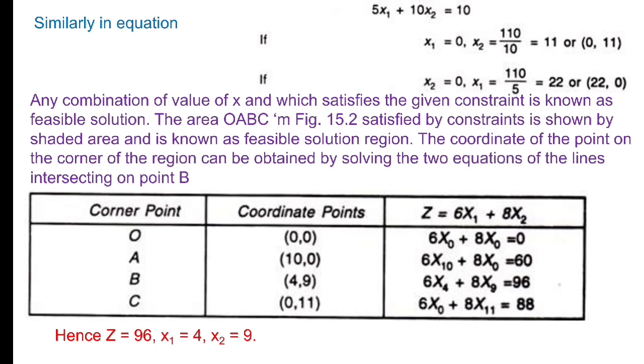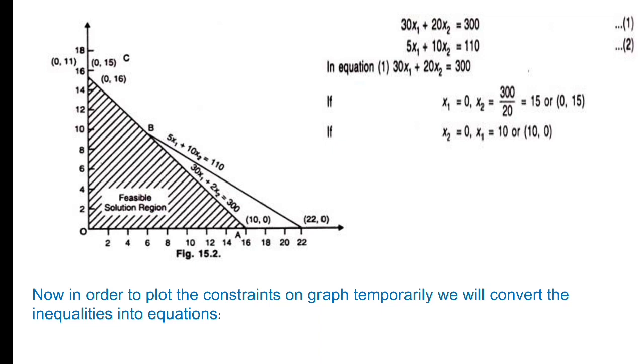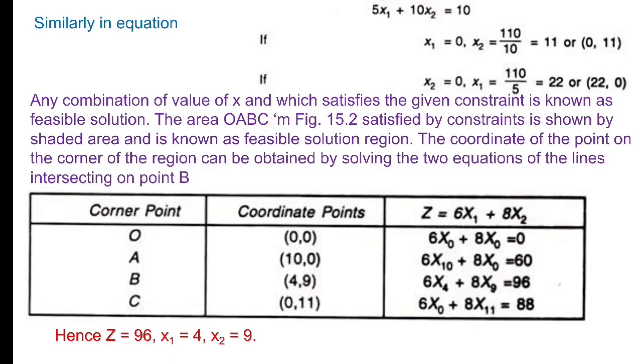This is the way you can find it. I'll show the previous diagrams again. See, this is the way the graph will be drawn. Then the middle point, whatever you get, will be found. So the feasible region here is O, A, B, C. O is 0 comma 0, we know very well. A is 10 comma 0, B is 4 comma 9, and C is 0 comma 11.